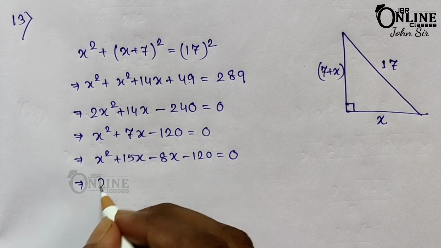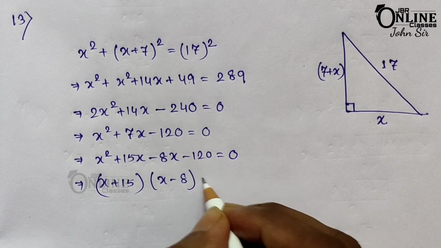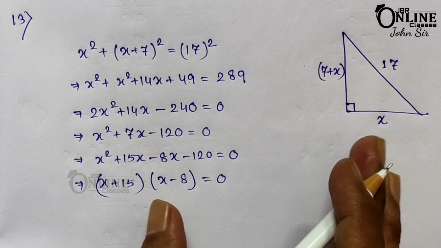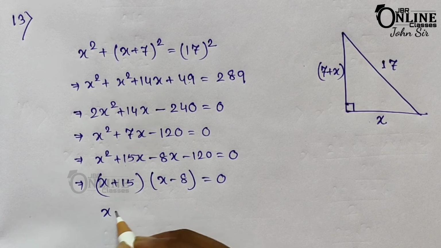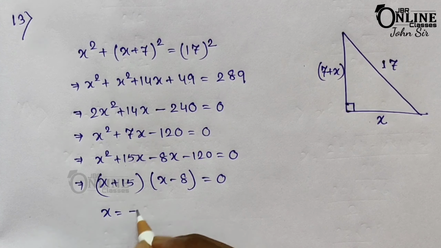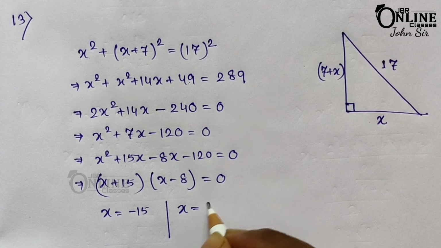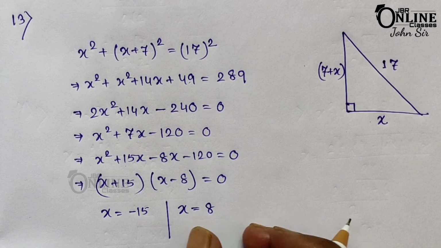So if x will be common here, x plus 15 and x minus 8 are the two factors of this equation. So either x plus 15 equal to 0, and x equal to minus 15, or x minus 8 equal to 0, or x equal to 8.